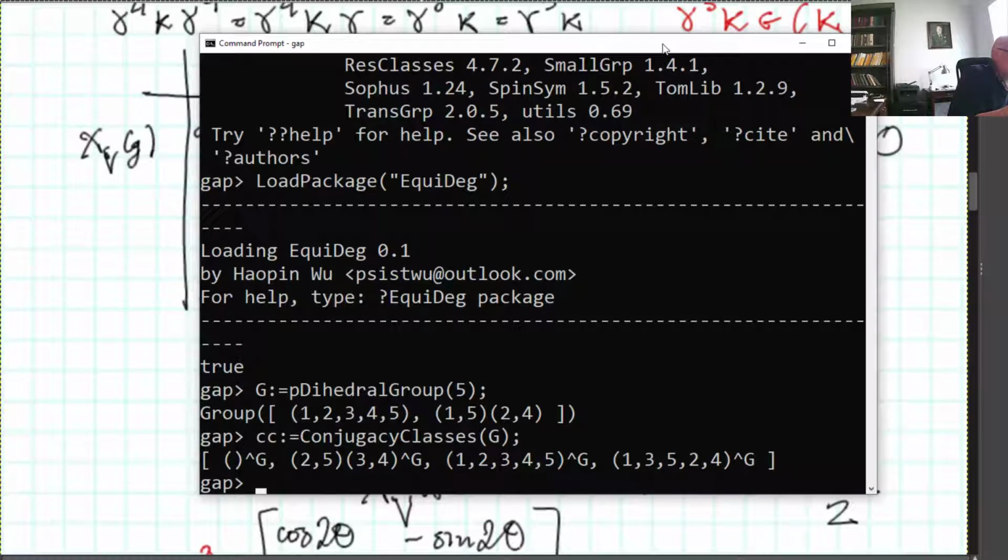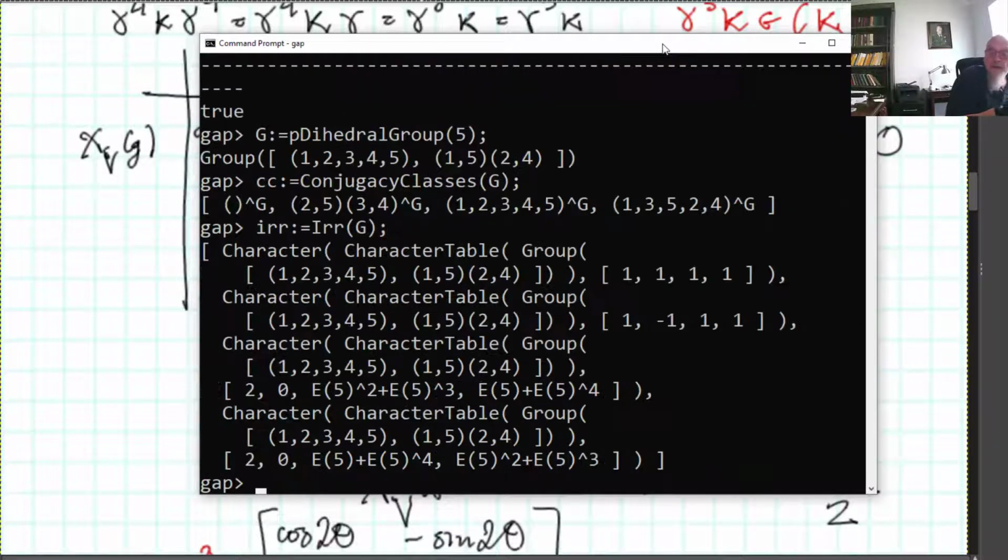Now we can write down the irreducible representations, and let's find all irreducible representations of that group and see which one is the character that we are talking about.